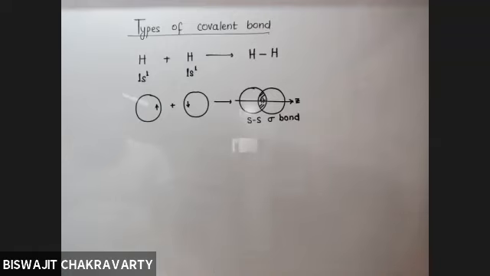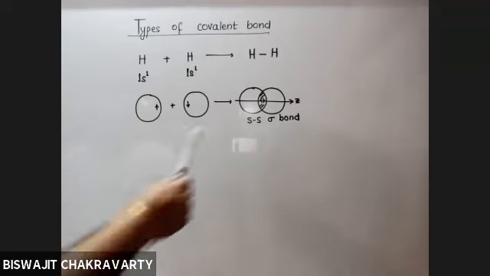A sigma bond is a type of covalent bond which is formed due to overlap of two orbitals on the internuclear axis. The sigma bond comprises a single electron cloud symmetrical about the internuclear axis, and sigma bonds are relatively stronger bonds because the extent of overlapping in a sigma bond is relatively large.